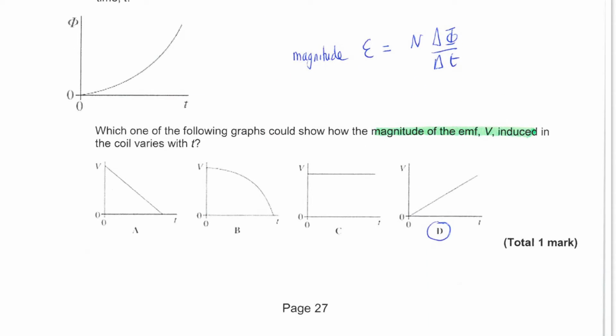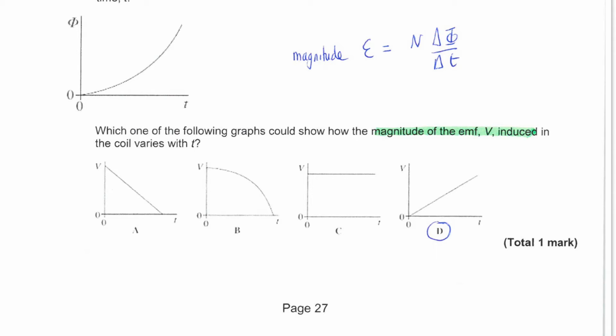Next, you're told that the graph shows how magnetic flux passing through a coil changes with time. You're asked to identify which of the graphs shows how the magnitude of the induced EMF varies in the coil with time. So remember Faraday's law, and the magnitude of the induced EMF equals the rate of change of flux linkage.